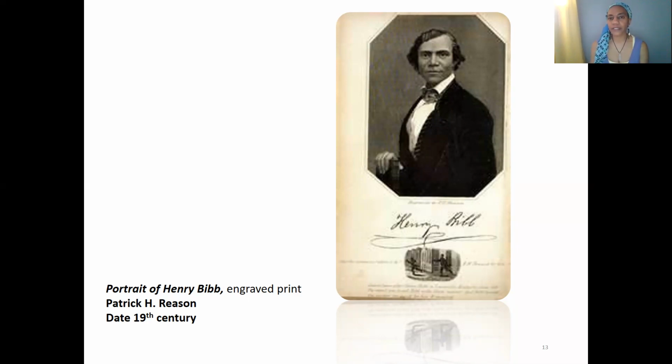Henry Bibb is an example here. He's a man kind of similar to Frederick Douglass in the sense that, I don't know if Henry Bibb got into politics like Frederick Douglass did, but Henry Bibb certainly became a businessman. But he was someone who was enslaved. Eventually he became free, and he was telling his story in this particular book.